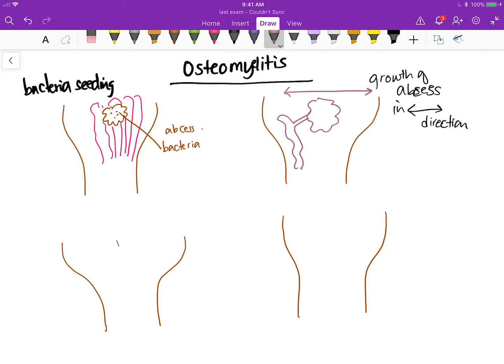Now, as the abscess grows bigger and bigger, okay, we're going to color this so everybody can see.